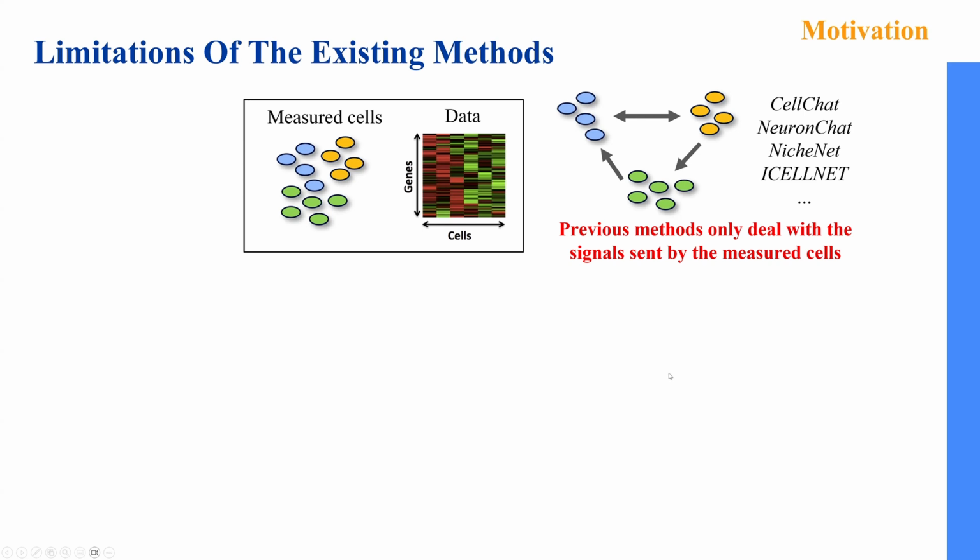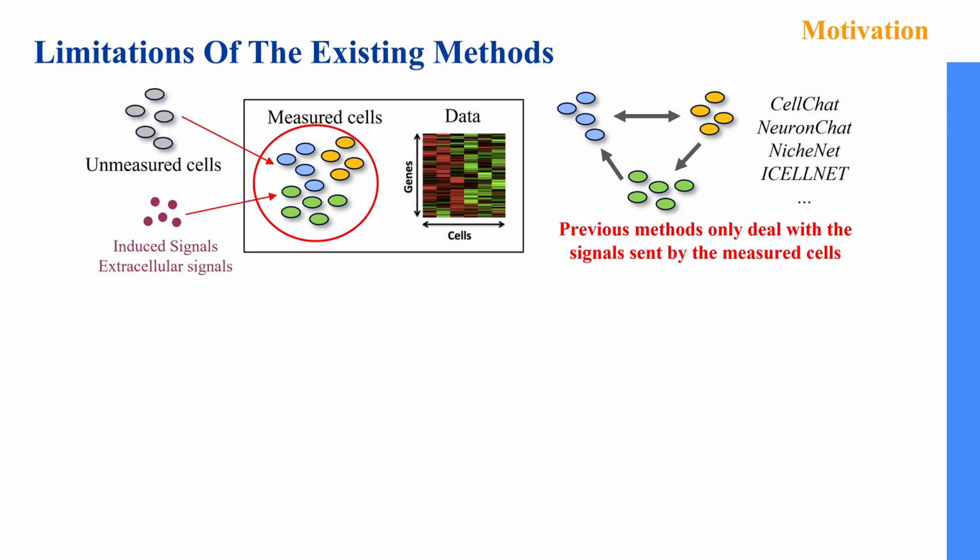But in reality, it's highly possible that those cells are receiving signals from outside. For example, the unmeasured cells can also send signals to the measured cells, because the measured cells come from the sample, right? The sample is a small piece of tissue that we took from the animal. Of course, the cells that are surrounding those samples can still send signals to the measured cells, but those cells are not captured in the experiments.